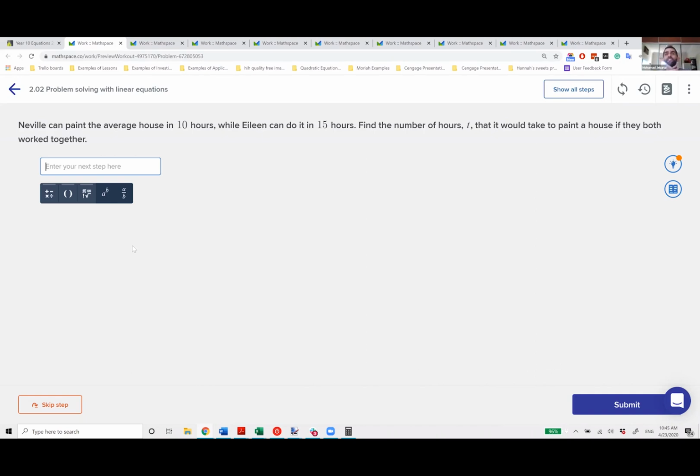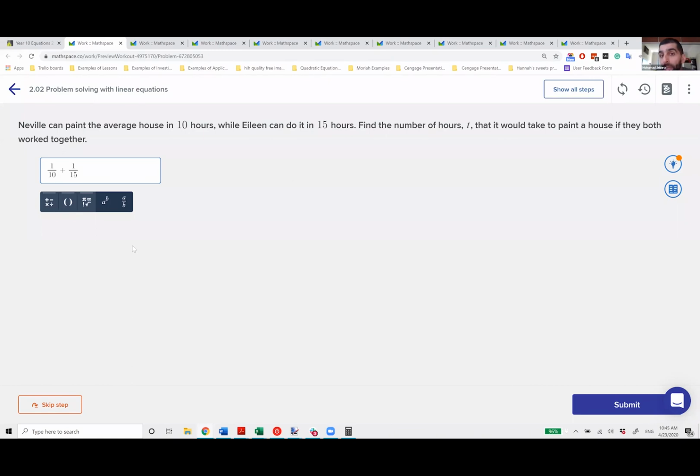All right, in 1 hour, you can do 1/10 of a house. How much of a house can Eileen paint in 1 hour? All right, everyone's ahead of me. 1 on 15. So Eileen does 1/15.